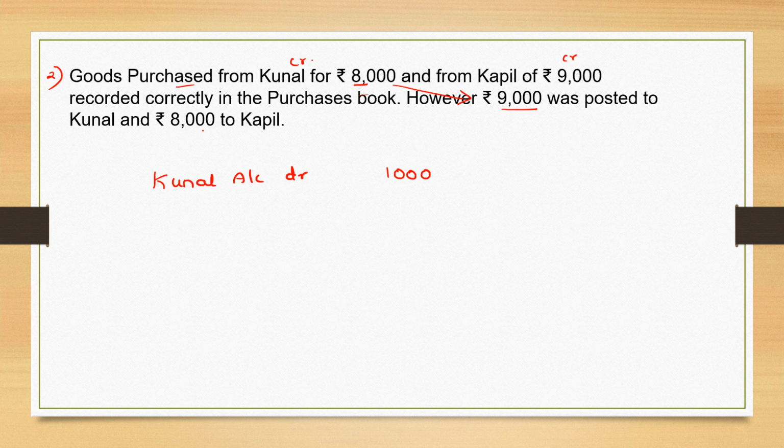But how much was posted into his account? Only 8,000. So we have to put one more 1,000 into Kapil's account on the credit side so that Kapil's account balance comes to the correct 9,000. So we have to credit Kapil's account with 1,000. So the 8,000 which was posted now becomes 9,000, which is a correct purchase transaction. So by this rectification entry, this particular compensating error is rectified.